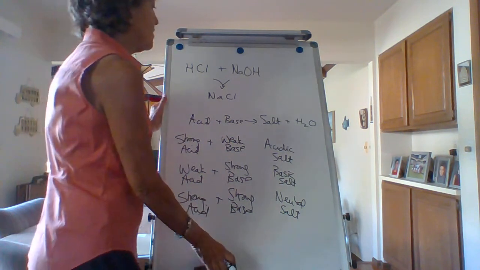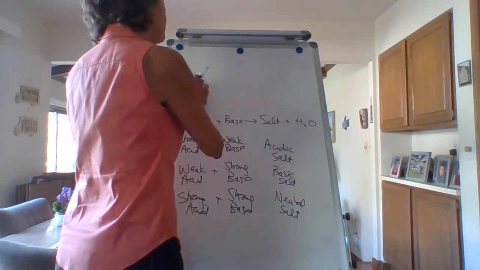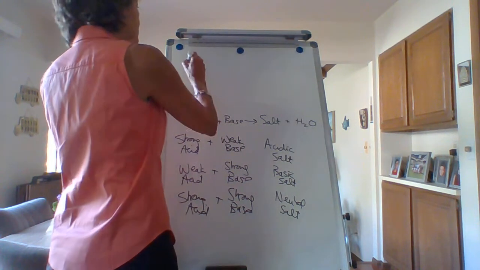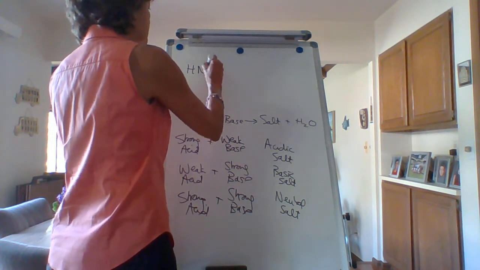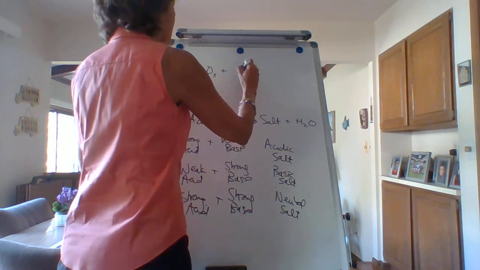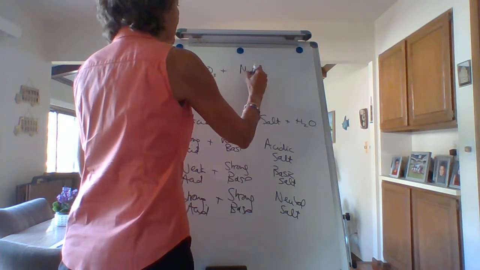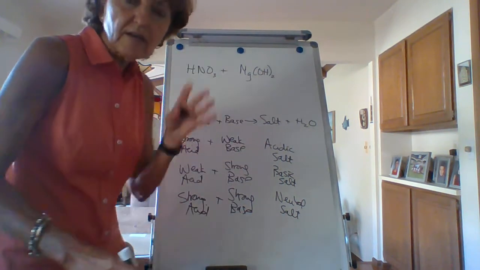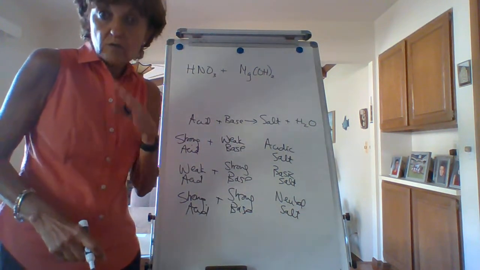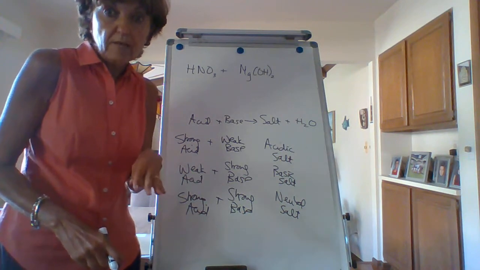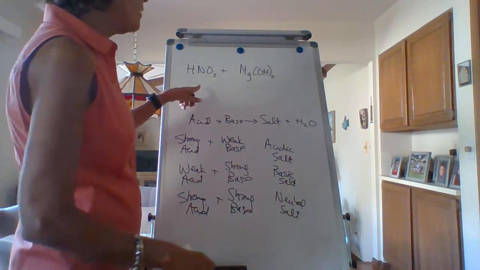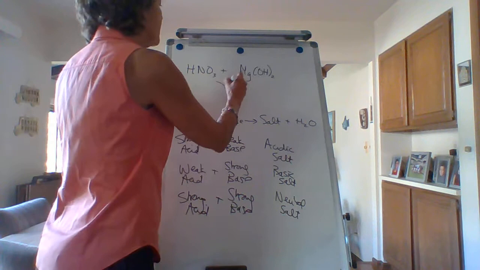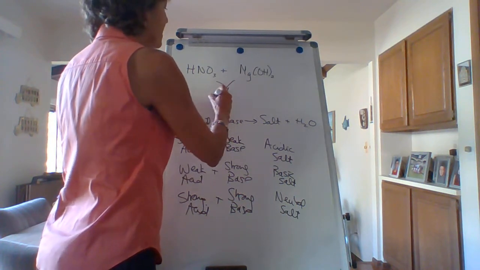Let's try another one. Let's say we have nitric acid and magnesium hydroxide. Remember, magnesium hydroxide is not a heavy group 2A, so it's not considered a strong base. So the salt that we end up getting is going to be magnesium nitrate.